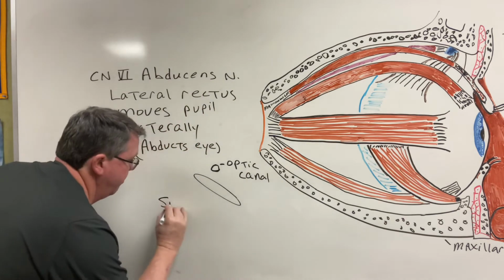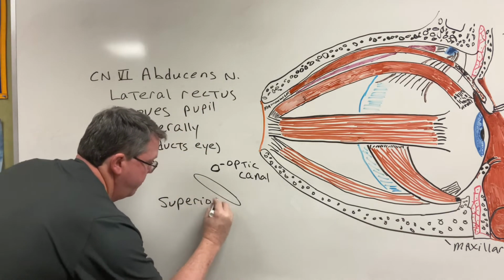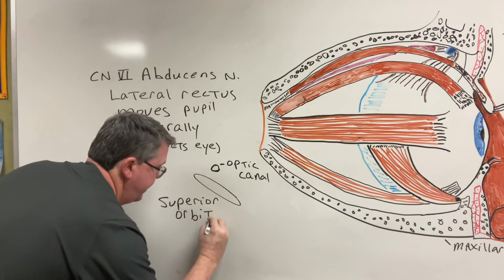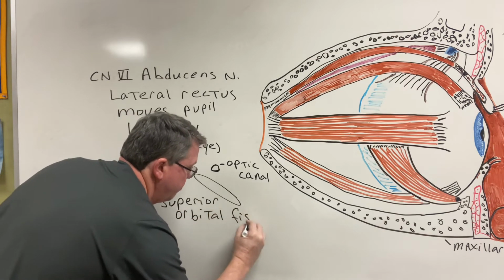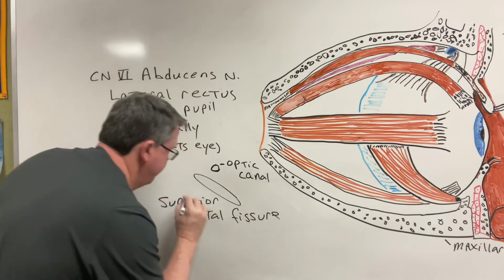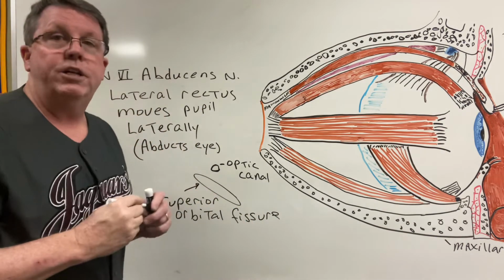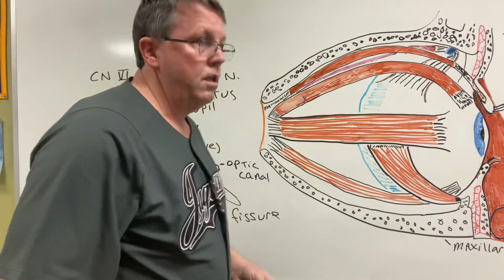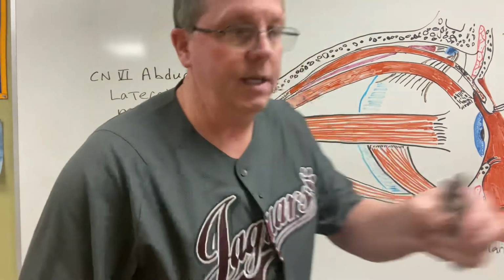This is my superior orbital fissure. It would be right there. And then if I were to draw, let me see, where's my brown? Let's take brown.